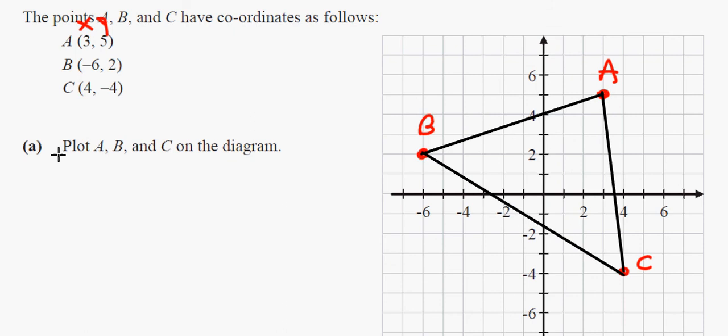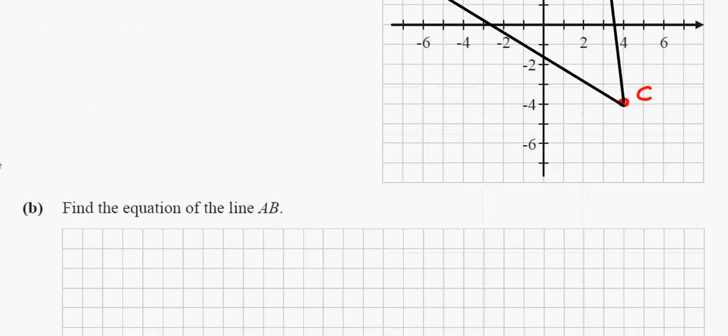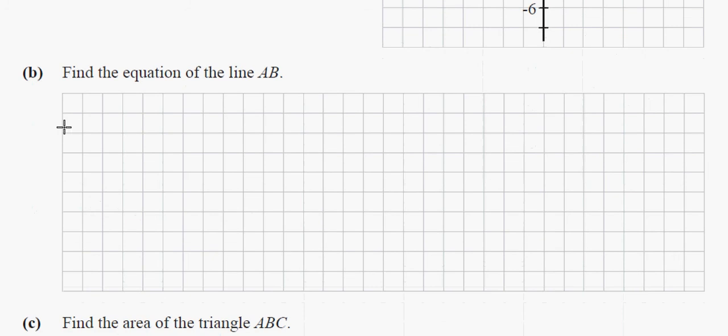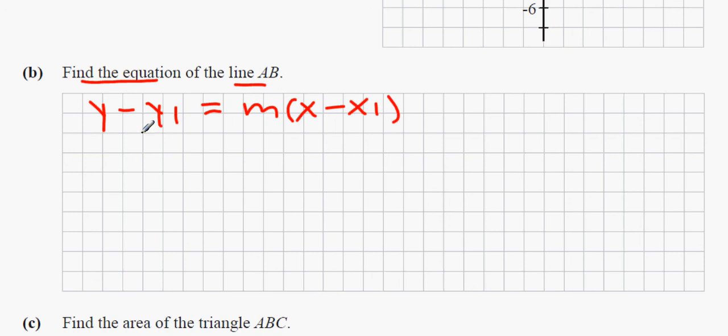Now, it says I want you to find the equation of the line AB. To find the equation of the line AB, you've got to look up the equation of a line: y minus y1 equals m into x minus x1. Now, remember, you've got to find the slope, so you've got to use the slope formula as well, because we need to know the slope, which we don't know yet, and we need to know x1, y1, which we do know.